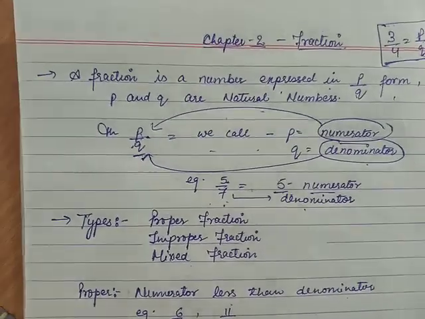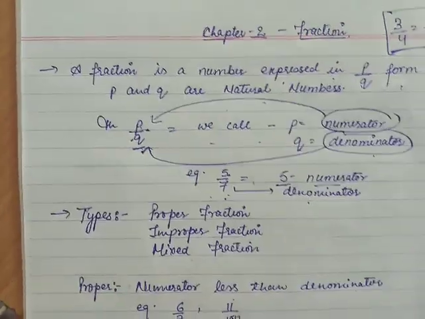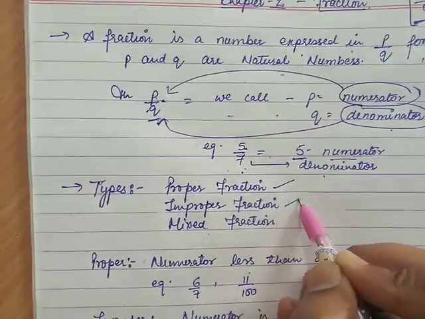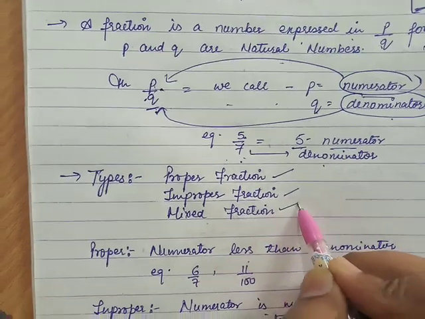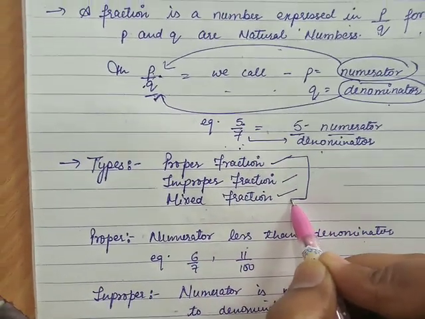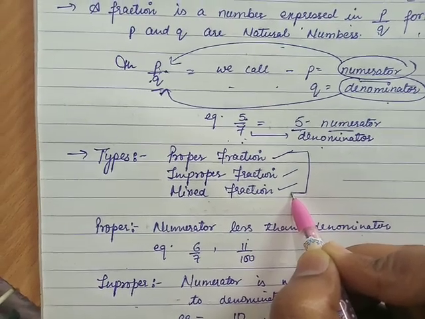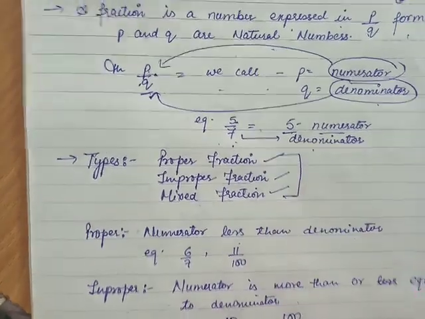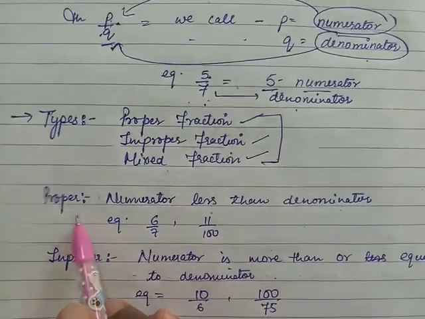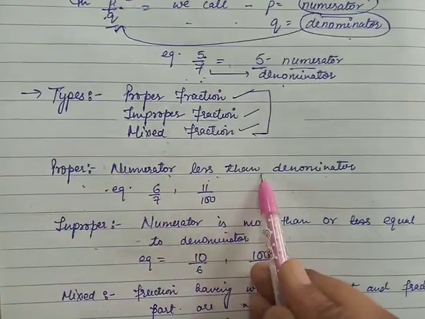Now there are three types of fractions. The first is proper fraction, the second is improper fraction, and the third is mixed fraction. We will study all these types so that we can recognize which type a given fraction is. First is proper fraction: numerator less than denominator.